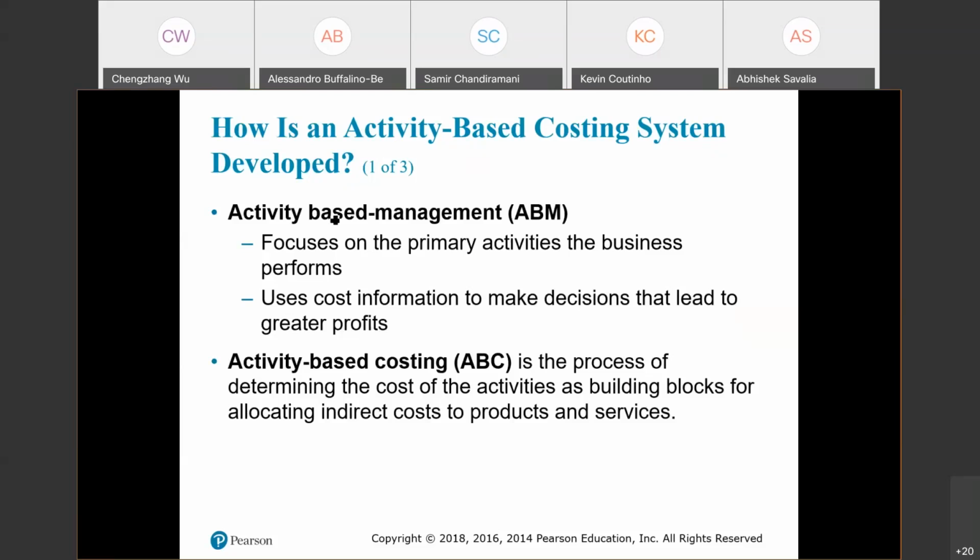The cost of activities become the building block for allocating indirect cost to products and services.